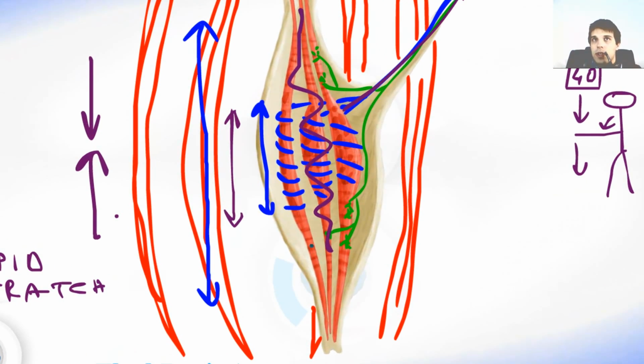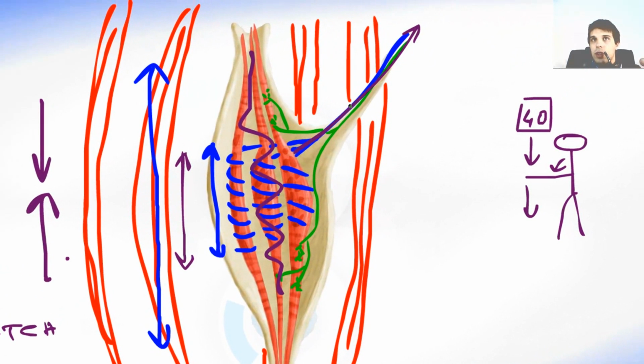They wouldn't become shorter because they did not contract. And that will cause no more signal going to spinal cord, because those nerve endings are stimulated by the stretch impulses. And if the intrafusal muscle fibers are slack, then we have no more signal.